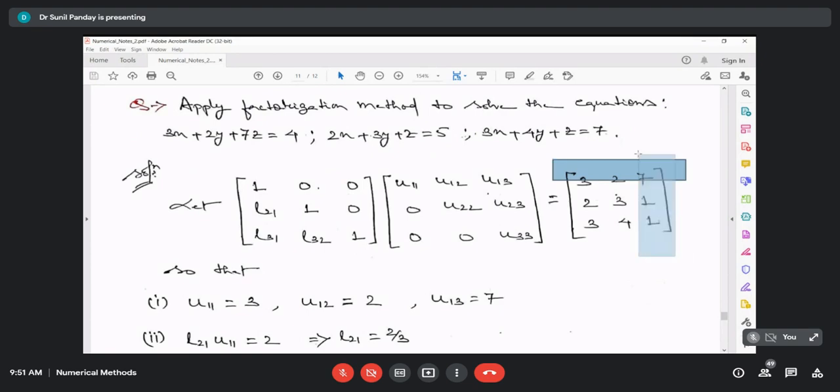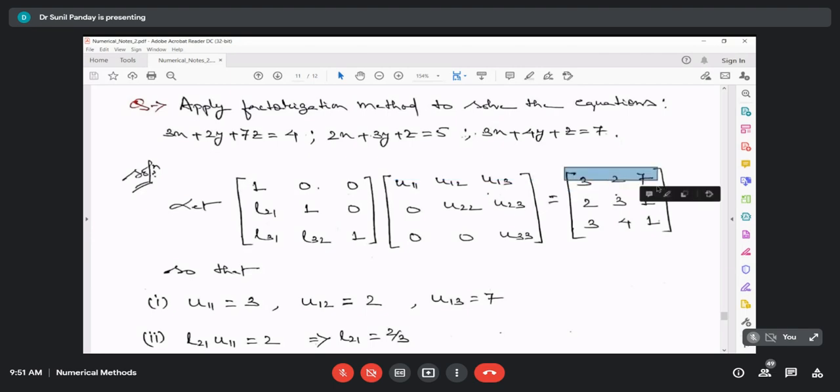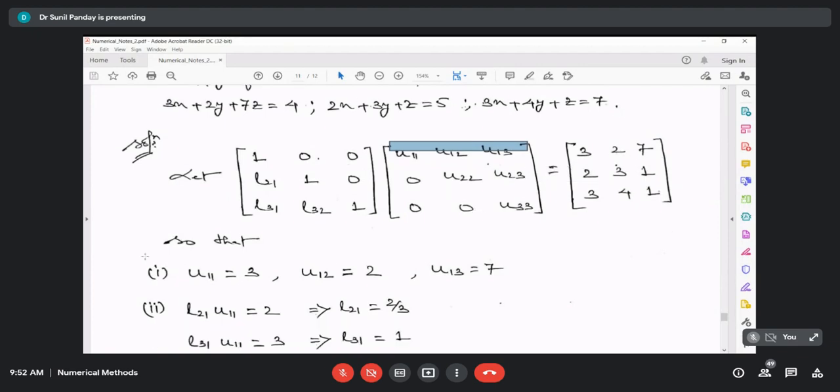This A matrix is factorized into L times U. You know the procedure we have learned: the first row of U is equal to the first row of the A matrix. So U11 is 3, U12 is 2 and U13 is 7. So the first step is easy.